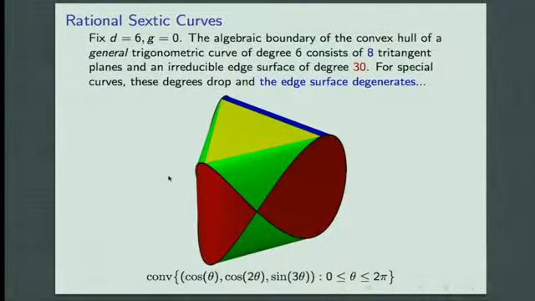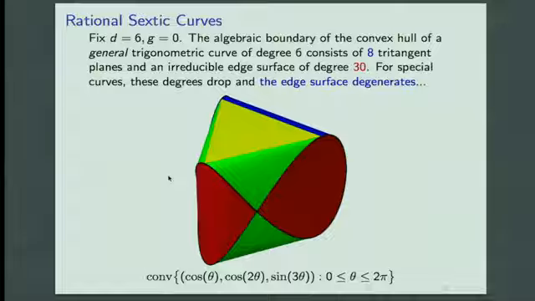This was on Tim's slide, also the same picture. This is an example for d equals 6, g equals 0. So this was the algebraic rational curve of degree 6. In this case, the numbers in the theorem were 8 for the tritangent planes and 30 for the edge surface.